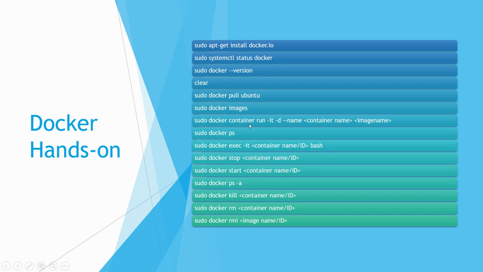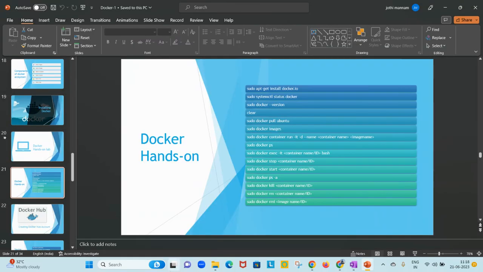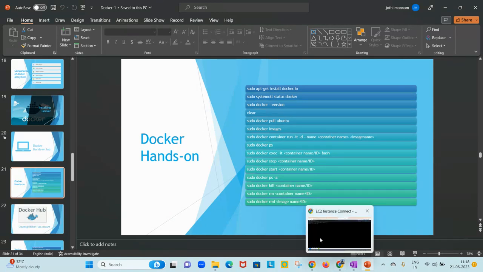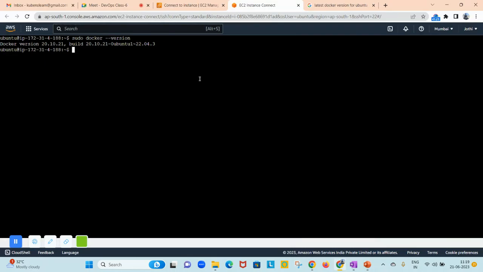Okay, now what we will do is try to pull an image. Whenever you pull an image, usually it will come from Docker Hub. I will pull the image with sudo docker image pull. What image do I want?